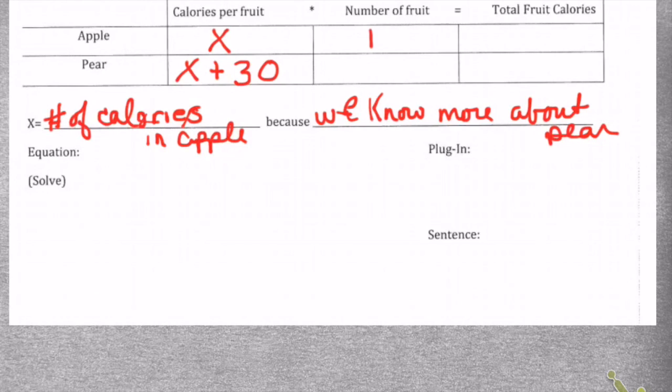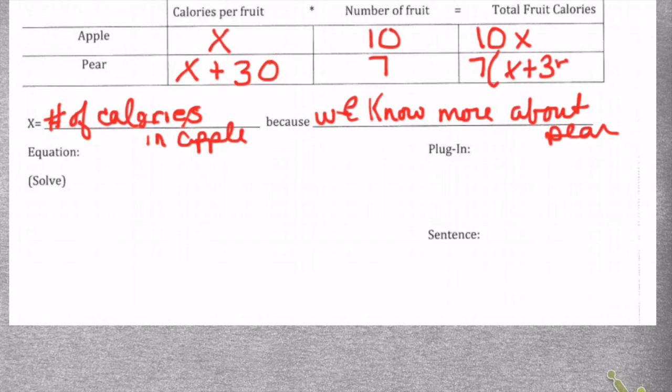We know that we have 10 apples and 7 pears. And the calories per fruit times the number of fruit is going to be our total fruit calories. So the apple calories would be 10 times X, and the pear calories would be 7 times X plus 30.